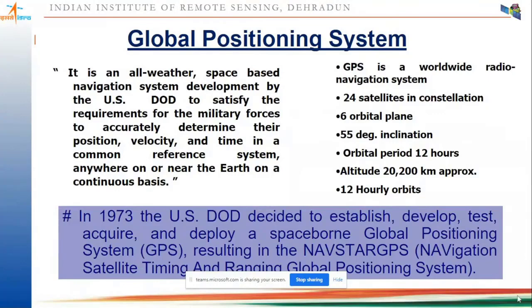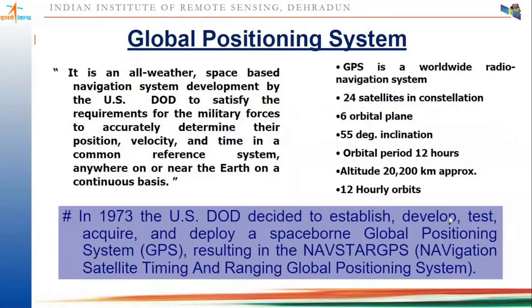In 1973, the US Department of Defense decided to establish, develop, test, acquire, and deploy a spaceborne global positioning system, which is known as Navstar GPS: Navigation Satellite Timing and Ranging Global Positioning System.